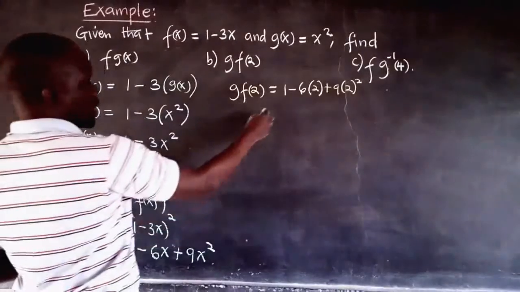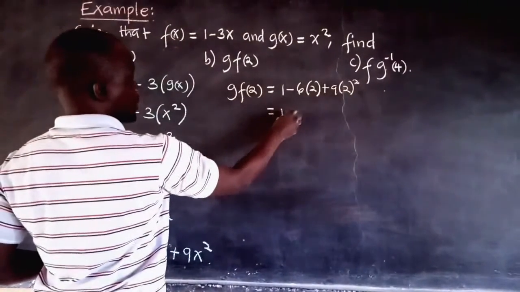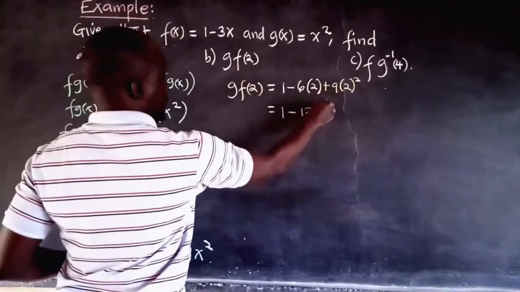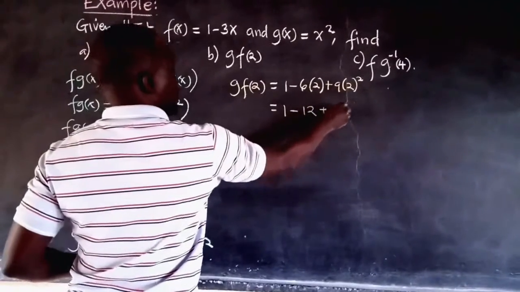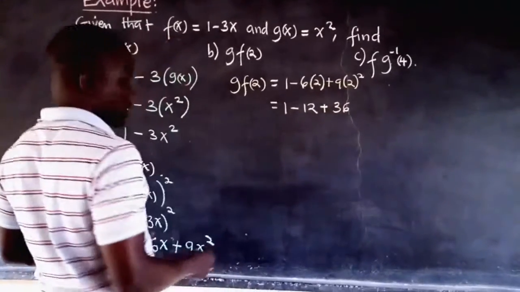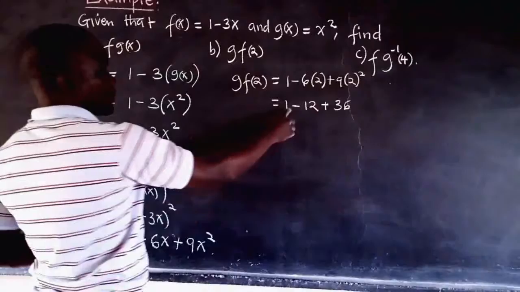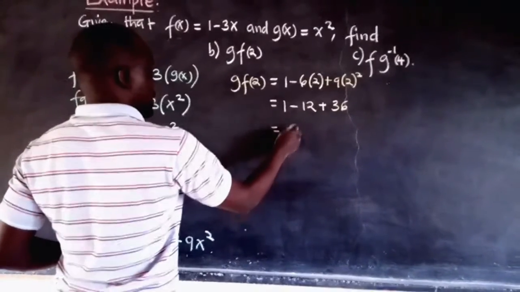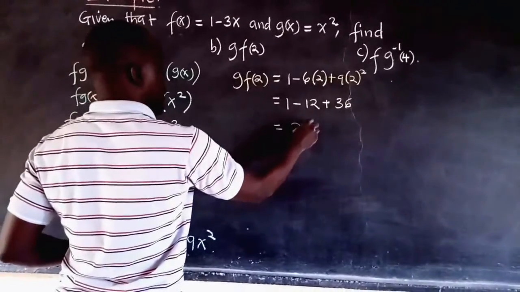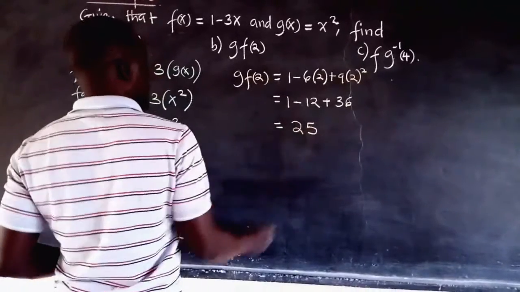And when you work this out, you will get 1 minus 12 plus, this is 4 times this, you get 36. So 37, that is addition of this and that, minus that, you get a final answer of 25. So the value is 25.